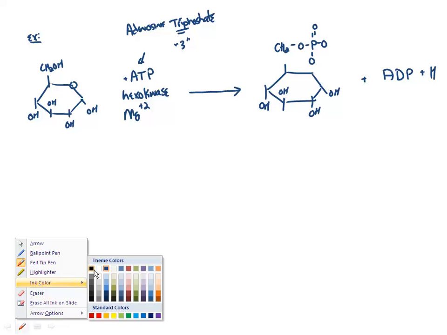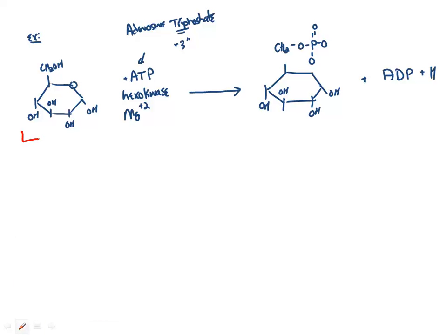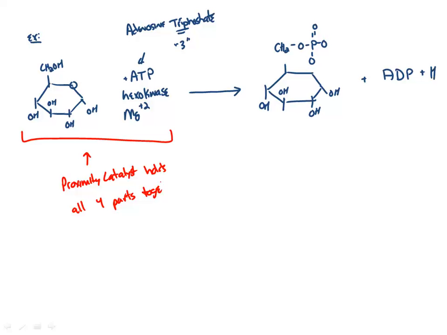And so the idea is that proximity catalyst holds all 4 parts near each other, as opposed to those 4 molecules randomly hitting each other.